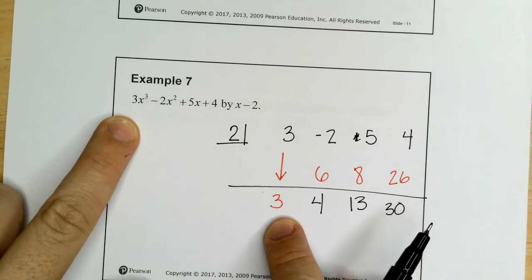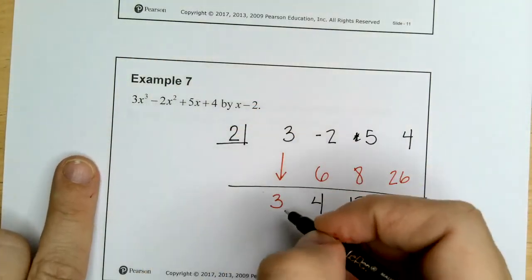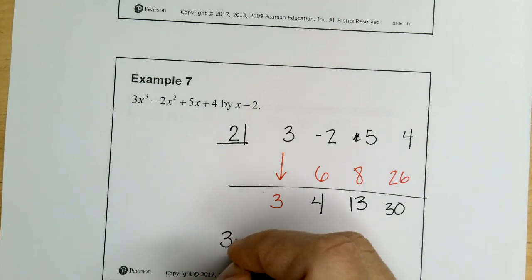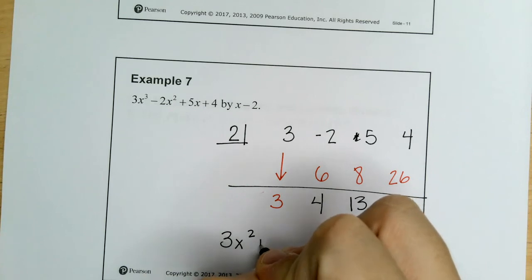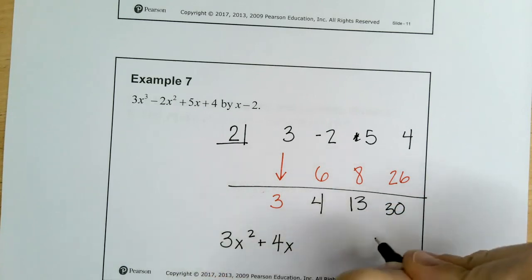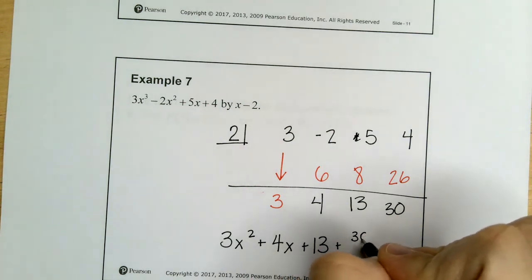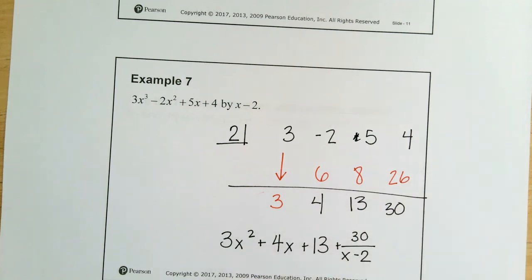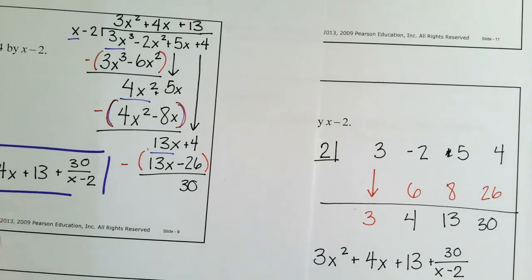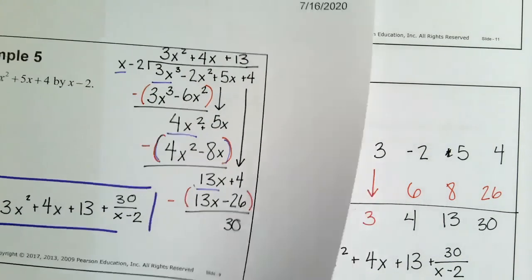Another way to look at it is take one exponent off and start with the next one. So we have 3x squared plus 4x plus 13 plus 30 over x minus 2 because it was my remainder. Okay? And that is the same as the answer I got over here.